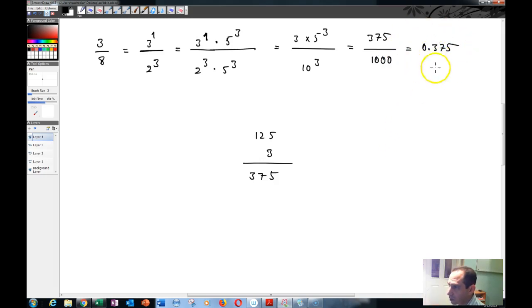So then there you can see that you have a terminating decimal, the terminating decimal expansion of this number.